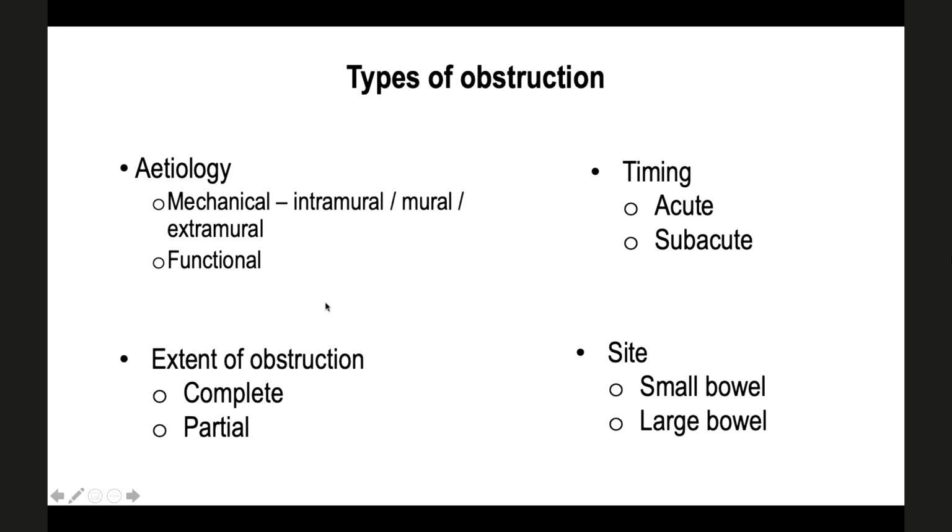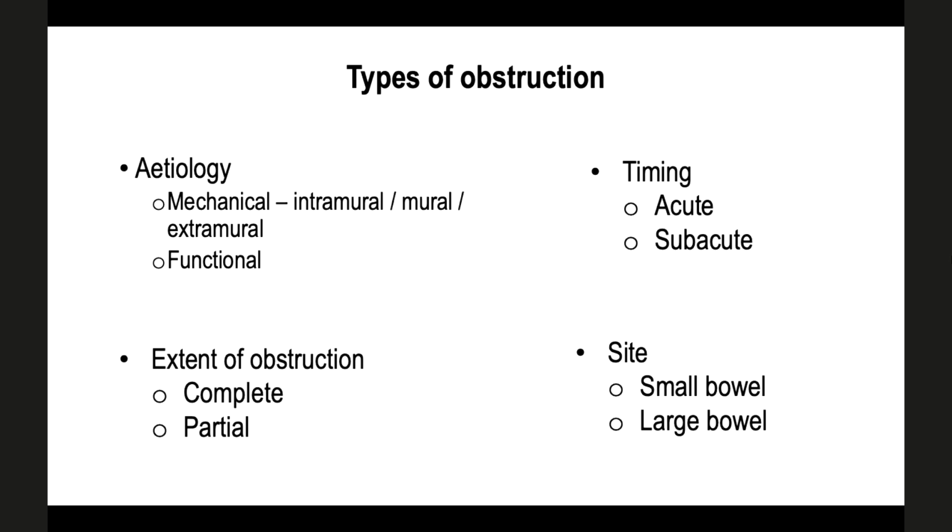So we've looked at some of the key clinical features of intestinal obstruction. And remember, not everyone will have all those clinical features. Some will have some, others will have others. Some may occur early, some may occur late, and these give us a clue as to the likely site and cause of obstruction. So intestinal obstruction, we broadly divide into two in terms of etiology. The cause of obstruction can be mechanical, which means there's something actually blocking.